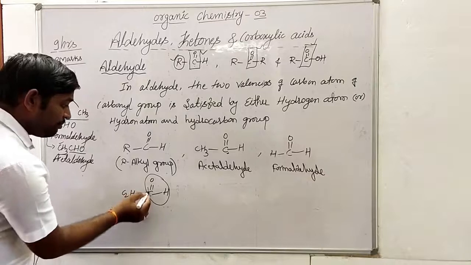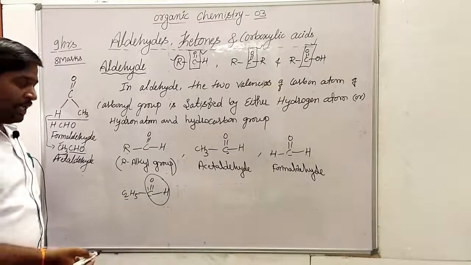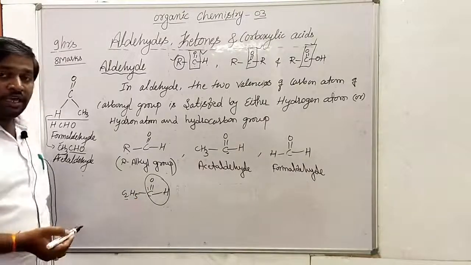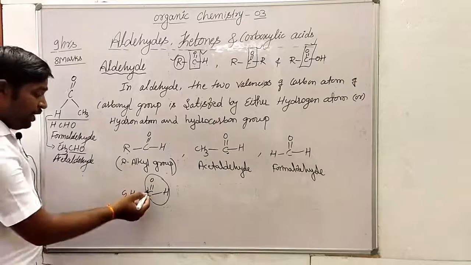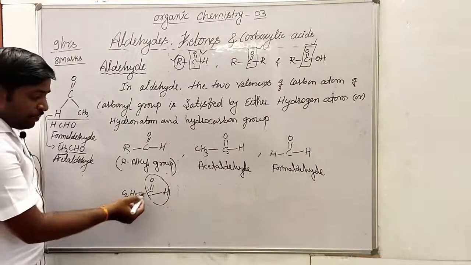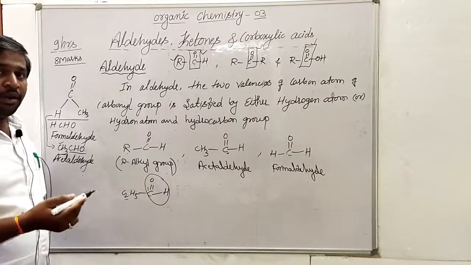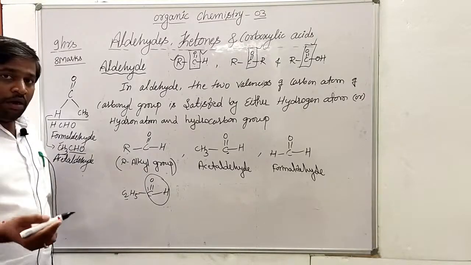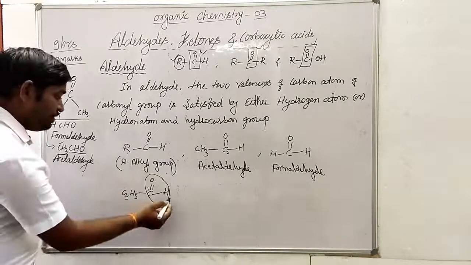This is carbon atom number 1, this is number 2 and 3. Including this carbon atom, we have to write the IUPAC nomenclature. So this is propanaldehyde, or propan-1-al. The suffix used is al. So that is the name of this aldehyde molecule.